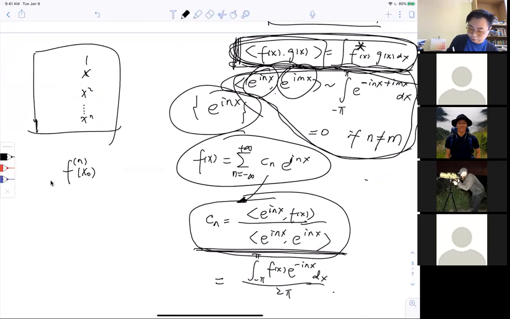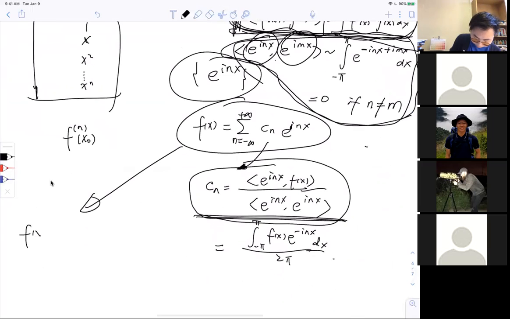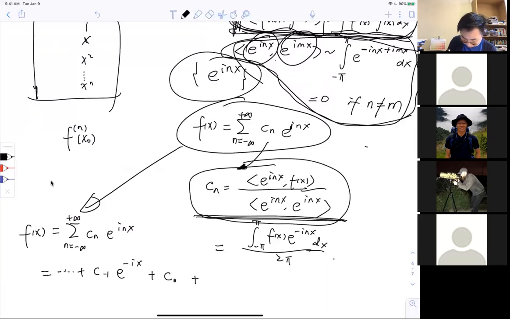Okay, so what I'm saying here is, we can expand this function, say an expansion of e to the inx. You can write it in terms of c minus 1 e to the minus ix plus c0 plus c1 exponential ix plus c2 exponential 2ix, right?